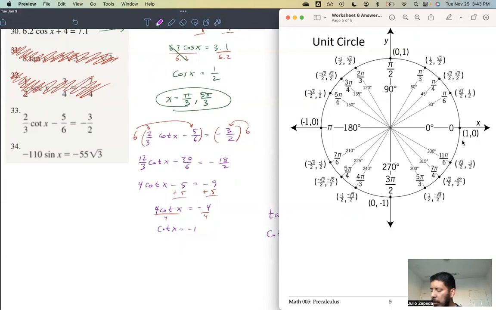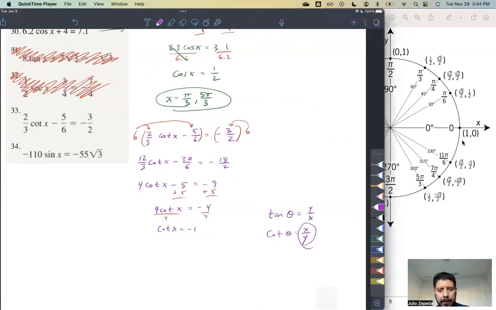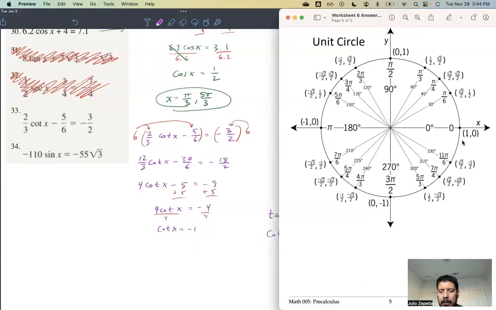So we want to find out where the x coordinate divided by the y coordinate is equal to negative 1. Well, not right here at pi over 4, because that would be positive 1. But if we go over here, at 3 pi over 4, this is where the x coordinate divided by the y coordinate would be negative 1.